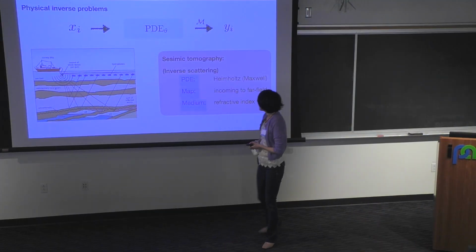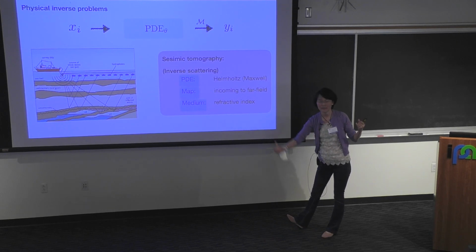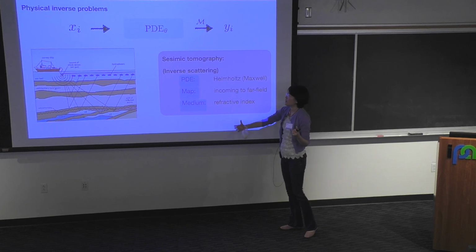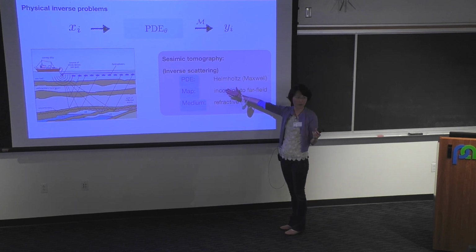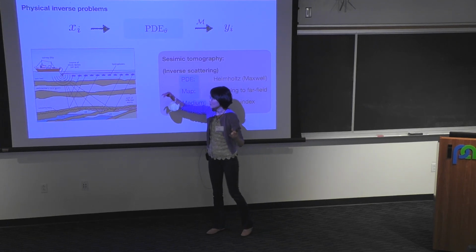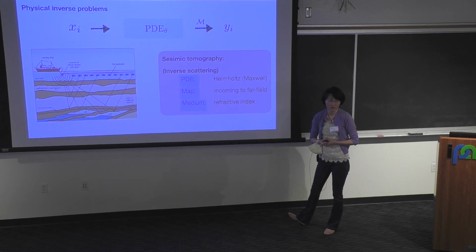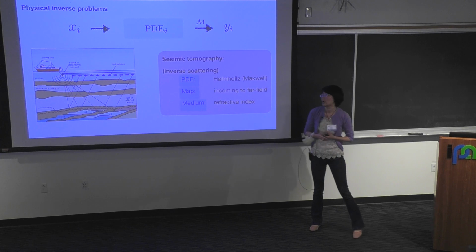The associated forward problem is a Helmholtz equation that describes how waves propagate. Usually the forward problem is you solve this Helmholtz equation. But the inverse problem is I tell you the input wave, you measure the output wave, can you reconstruct the so-called refractive index in the Helmholtz equation? So that's one very typical inverse problem.